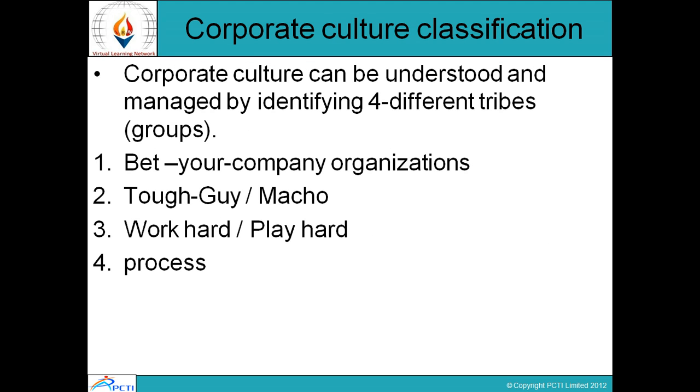Corporate culture can be classified as bet-your-company organizations, tough-guy competition organizations, work-hard play-hard organizations, and process organizations. These are the four kinds of groups which have managed their own kind of culture.